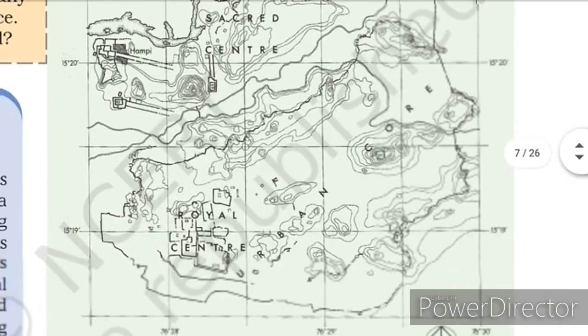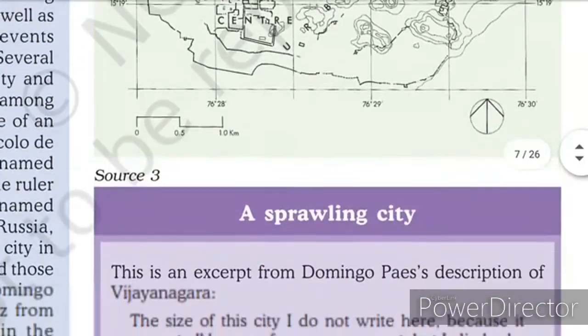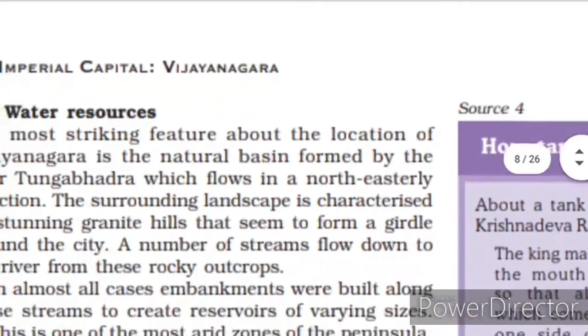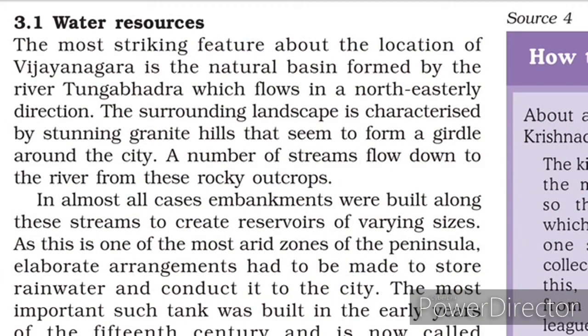Then the most important topic is the buildings. The first thing we will study about buildings is water resources. You might be surprised: we are talking about buildings, so why water resources?